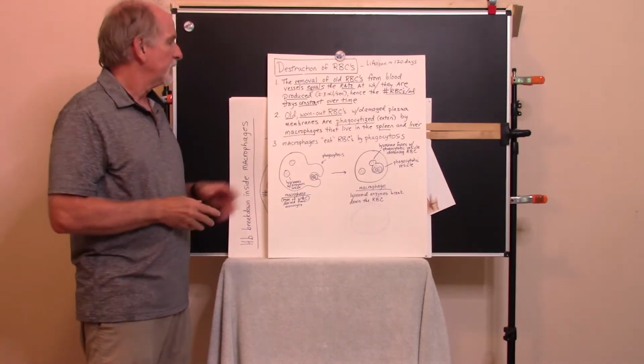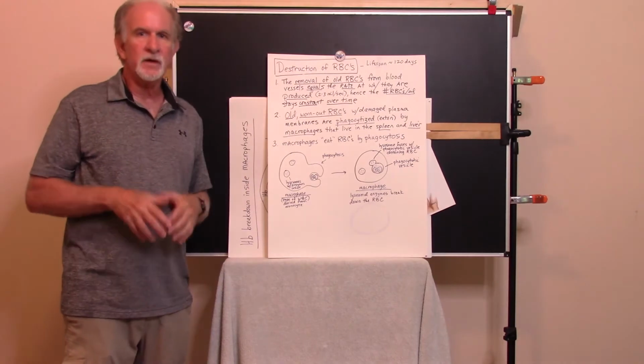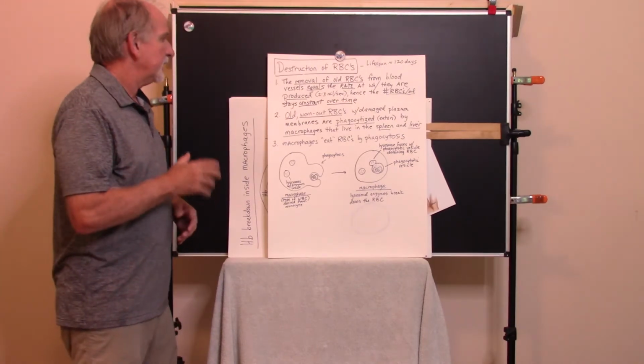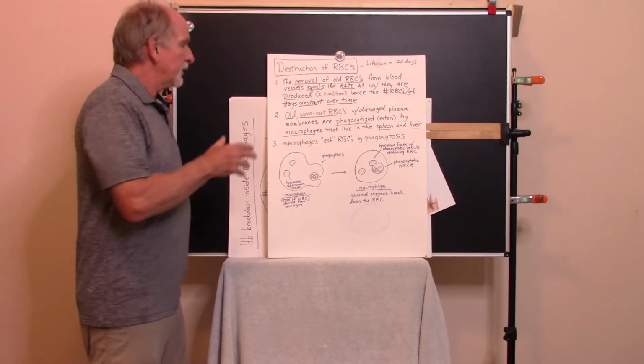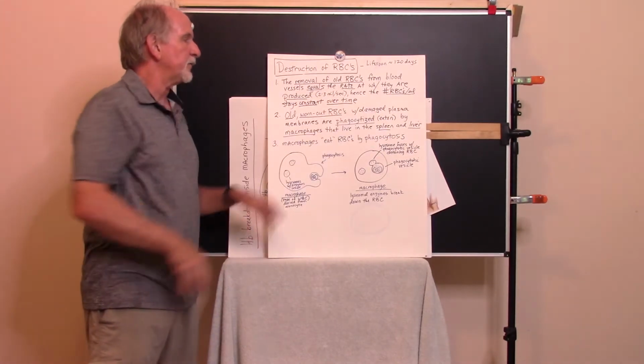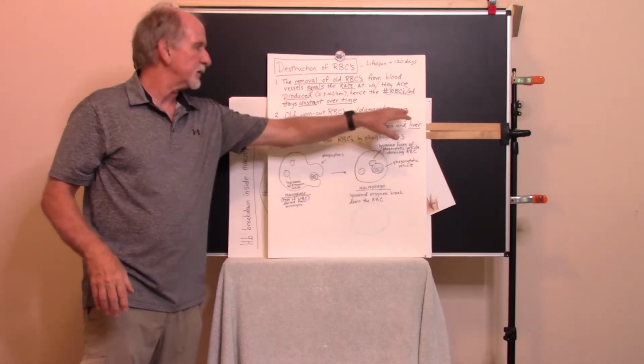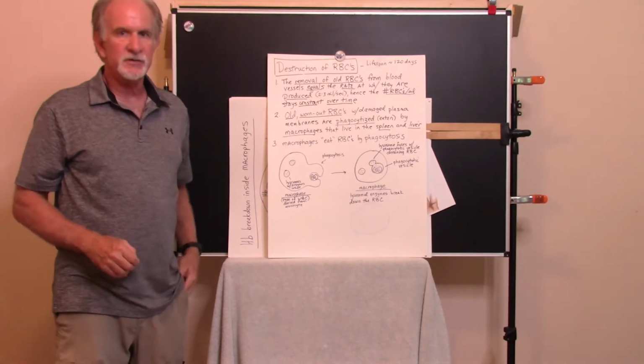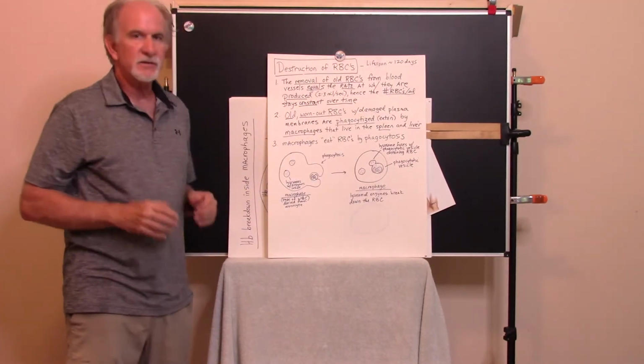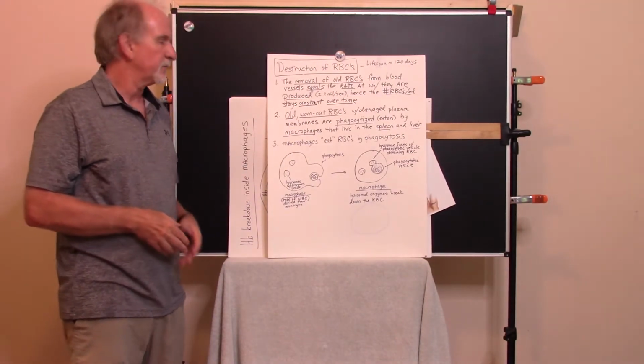time. It turns out that old, worn-out red cells can be detected by cells that live primarily in the spleen, but also in the liver, called macrophages. And macrophages are phagocytic cells.